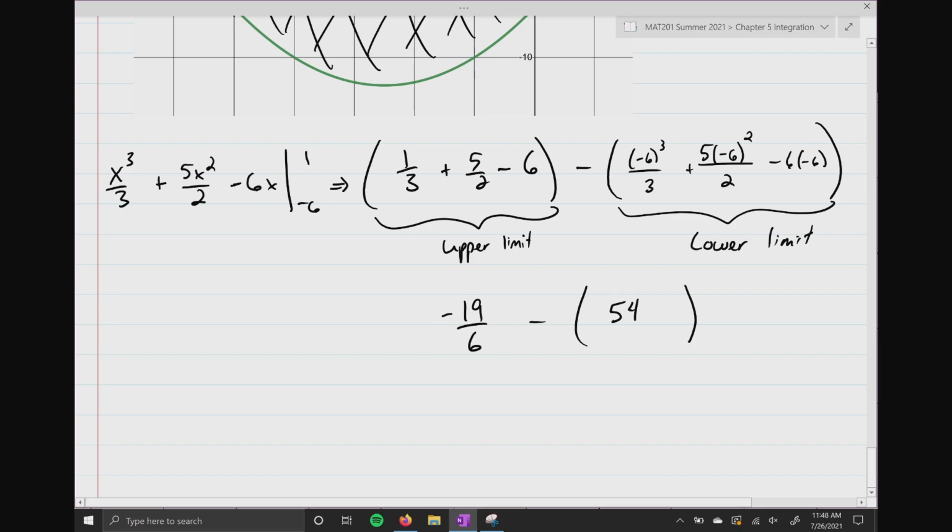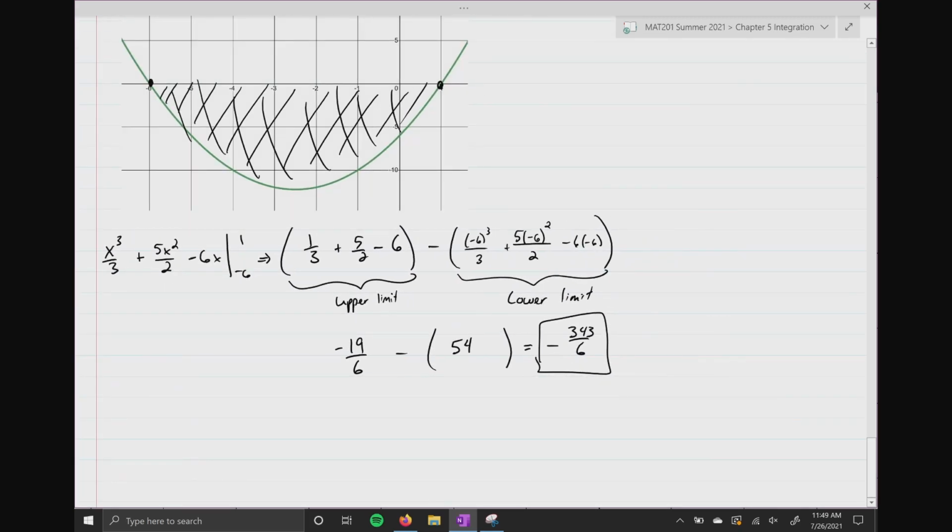And then when you subtract -19 over 6 minus 54, you're going to get -343 over 6. Which is exactly what we were expecting, a negative number, because if you look at the graph, this entire region is below the x-axis.